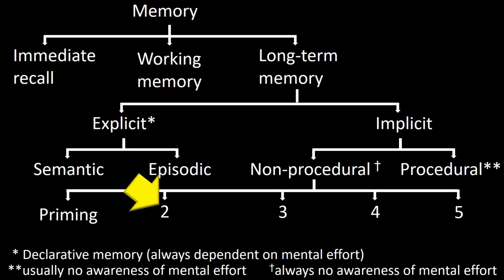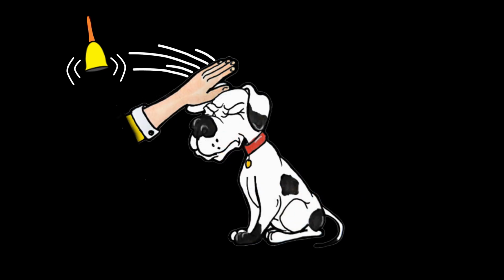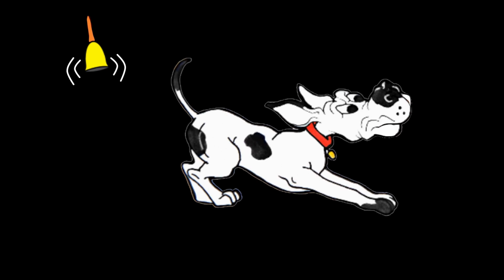The second type of implicit non-procedural memory is sensitization. I will give you an example. If a bell is ringed, a trained dog will come. If you then hit the dog, it will run away.